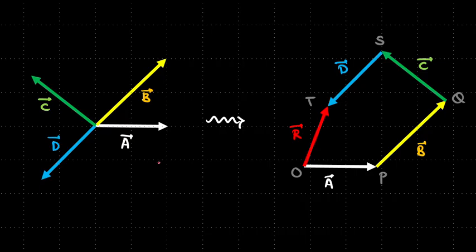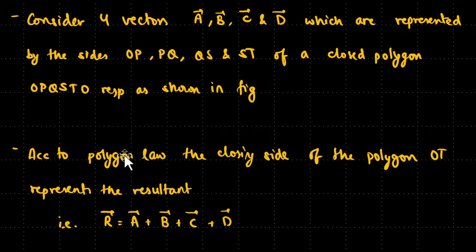But how can we be sure that this is the result that we are going to get? To understand this, let's look at the proof.